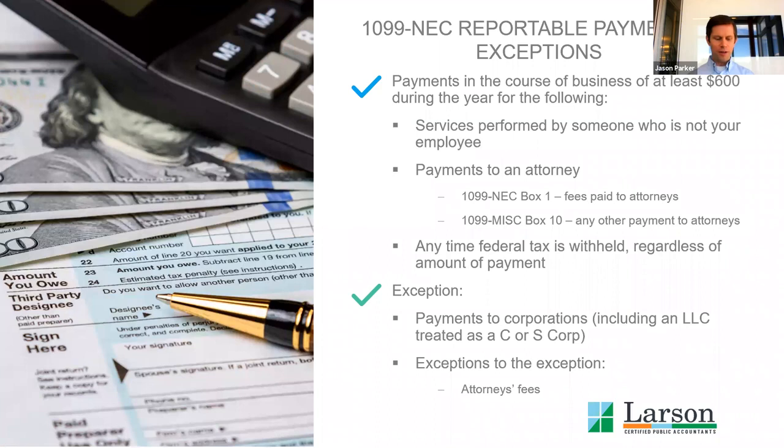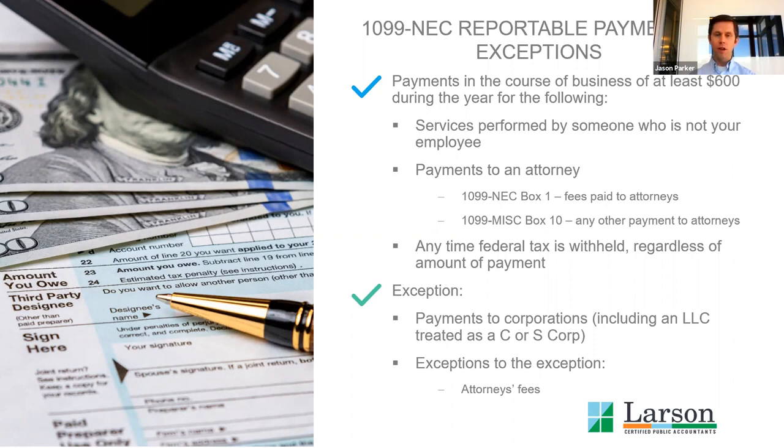So let's talk about the types of payments for which you'll need to use Form 1099 NEC. Similar to Form 1099 MISC, this is only used for payments made in the course of your business. So it's not used for any personal payments, but you use Form 1099 NEC for each person in the course of your business to whom you paid any of the following types of payments during the year.